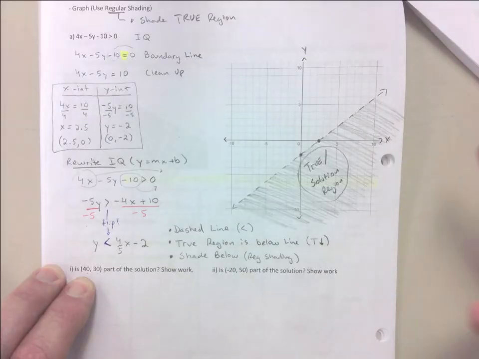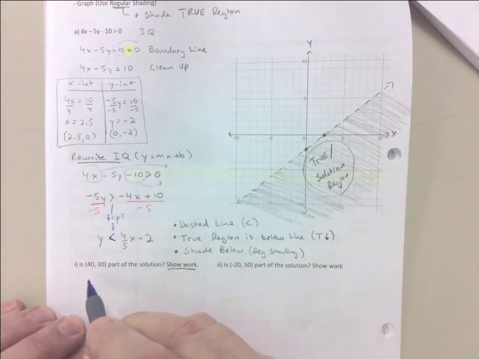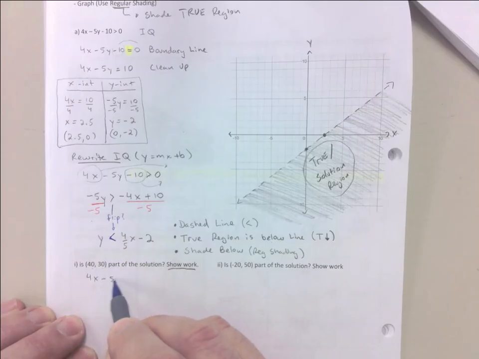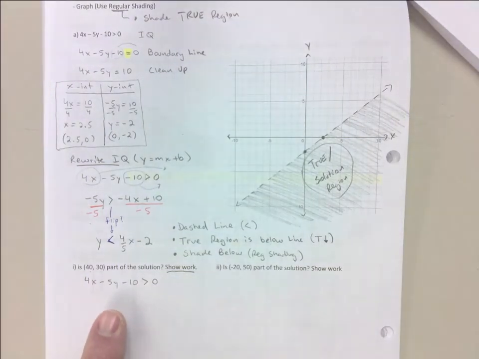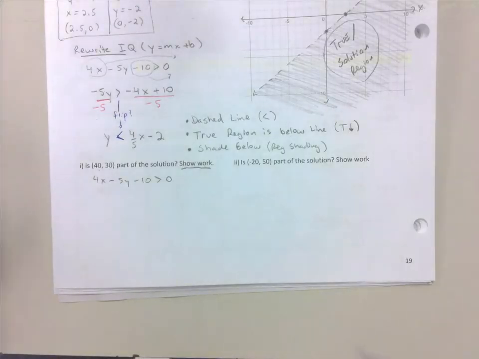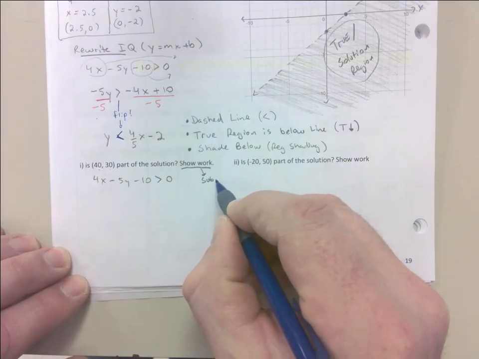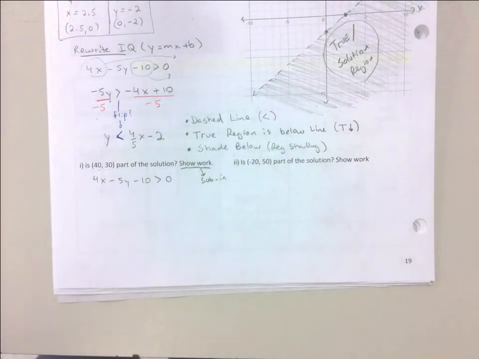Is it part of the solution? Show work, you have to actually show work for this. So you grab the original inequality. That's the one I would grab. Okay? Sub in. You need to substitute in.